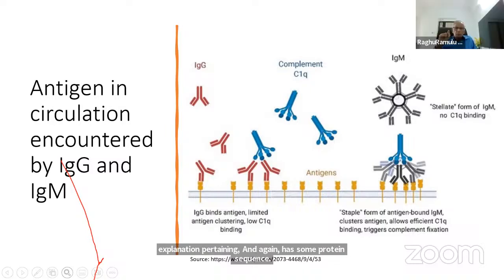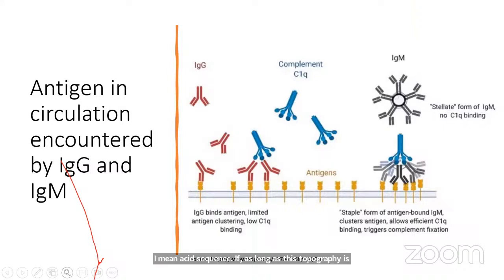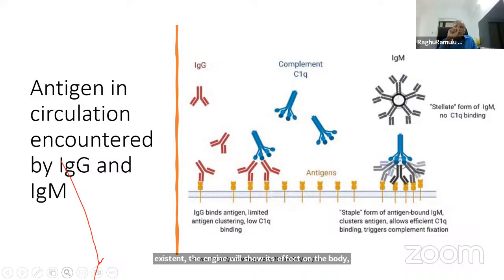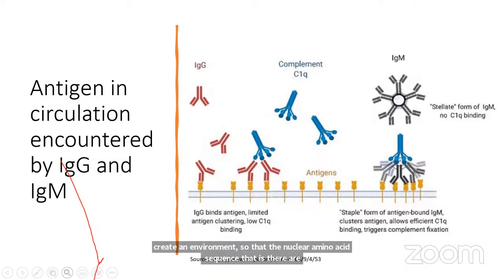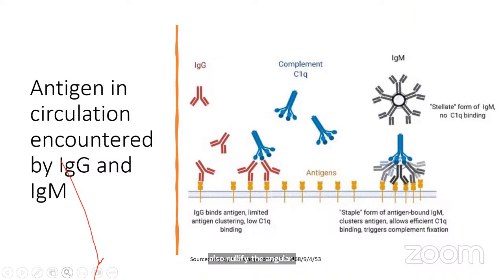As long as this topography is existent, antigen will show its effect on the body. Then how should it be neutralized or nullified by means of an antibody? The antibody rotates itself or tries to create an environment so that the amino acid sequence on the antigen is neutralized or nullified by rotation. An antibody surface area can rotate and also nullify the antigen. This is called an antigen antibody climax.